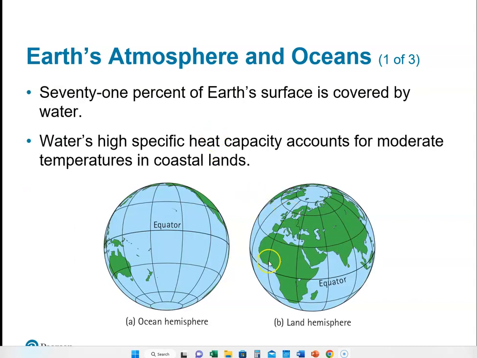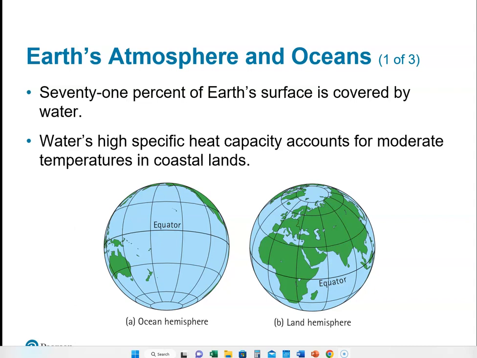Before I get to that, one of the things that I want to point out, which you can't quite see here, is the western coast of the United States. There's Mexico. There's the Baja Peninsula. If you look at the latitude of where San Francisco is, for example, and where Wichita, Kansas is, they're roughly the same latitude, right?